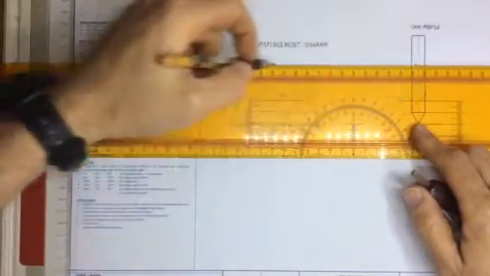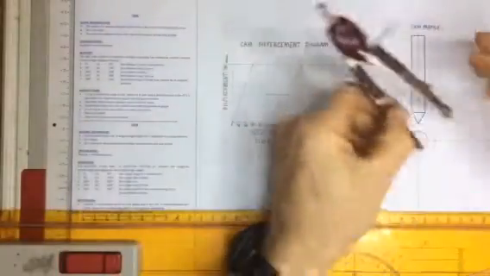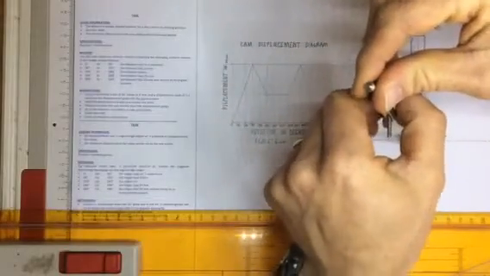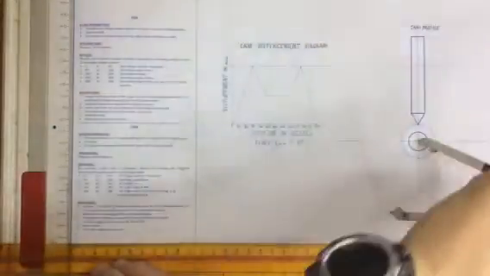So I draw a line going across from the maximum height over here, I extend my pair of compasses out to that point, and I draw my first circle for my cam. All right, that's the maximum height.